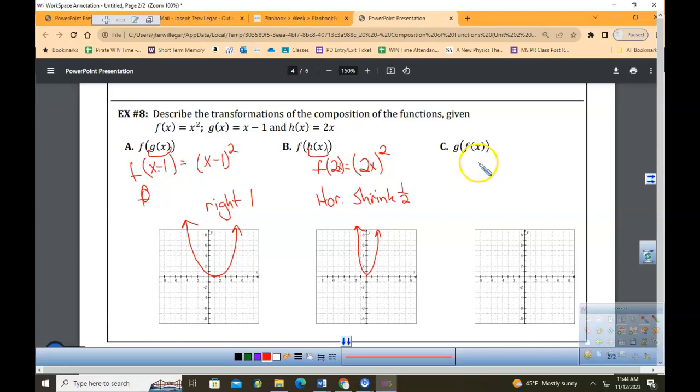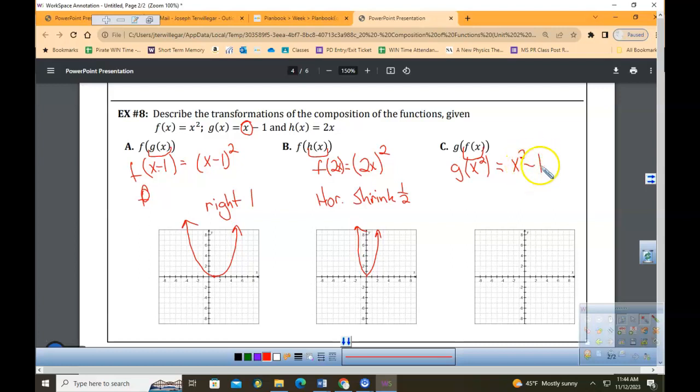Now let's do g of f of x. My f of x is x squared. So I'm going to do g of x squared. I'm going to plug in x squared for my x. I get x squared minus 1.